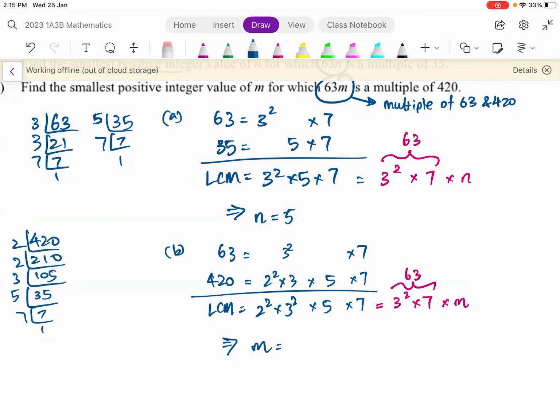And what is the difference? In my LCM, I've got my 2 square. Does it appear in the 63? No, so it must be found in m. So I've got a 2 square over there. 3 square is already inside my 63. 5 is not inside 63, so it must be found inside m. We get 20. Okay?